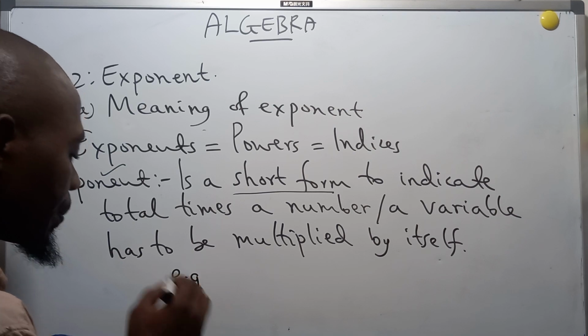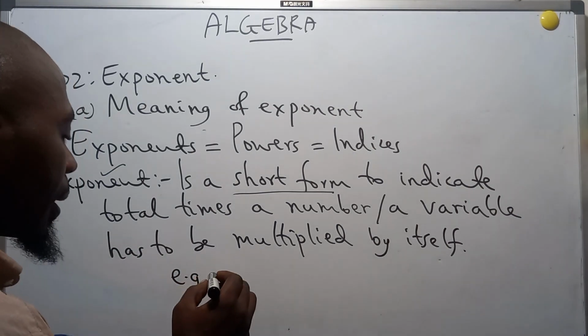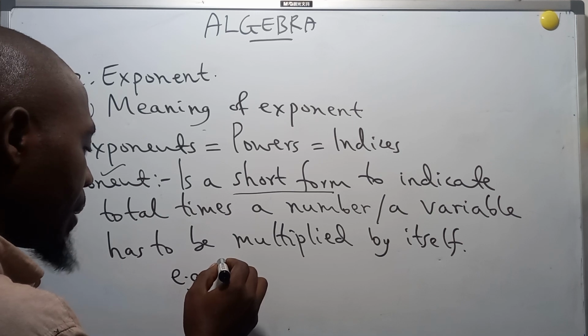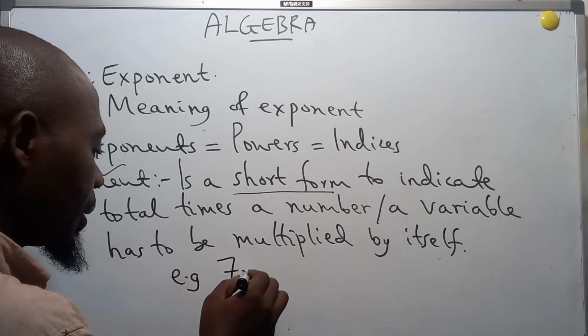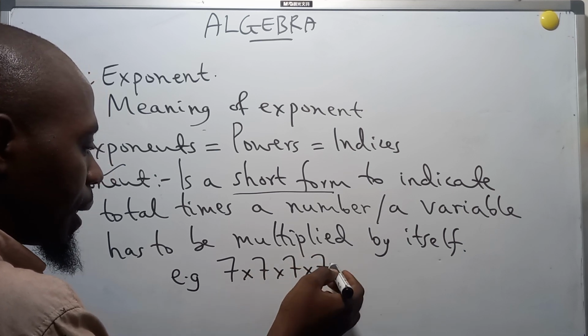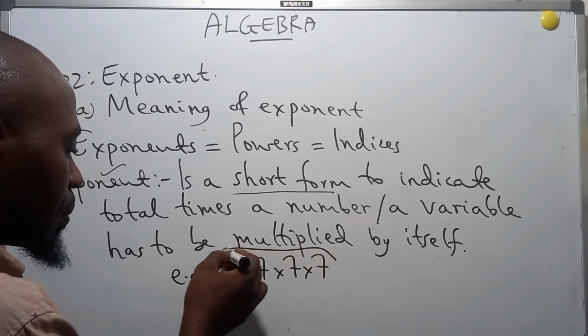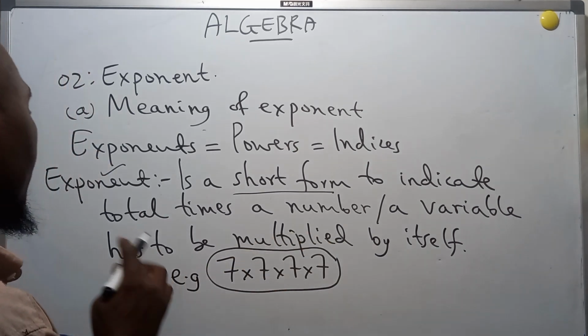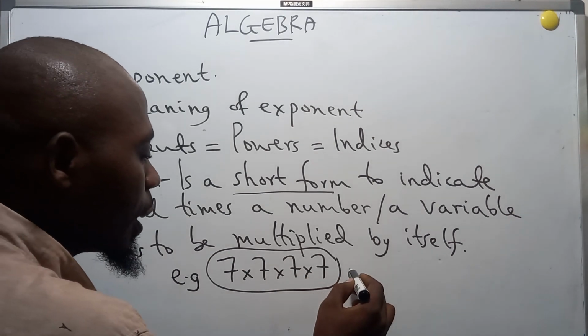For example, number 7 is being multiplied by itself 4 times. I can write this expression in a short form with help of exponent.